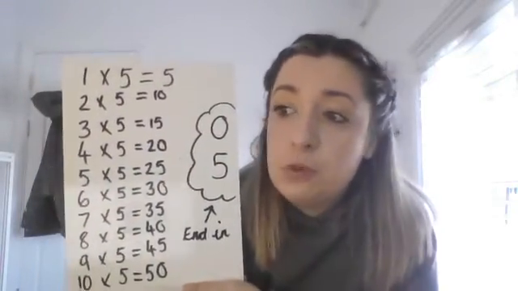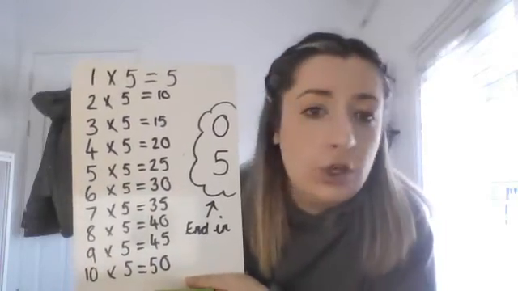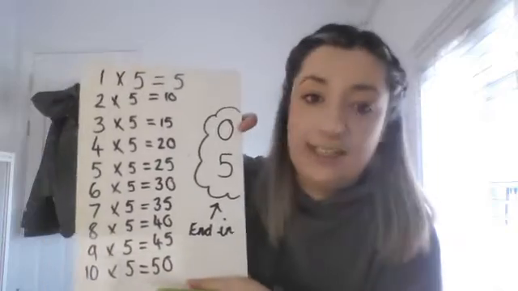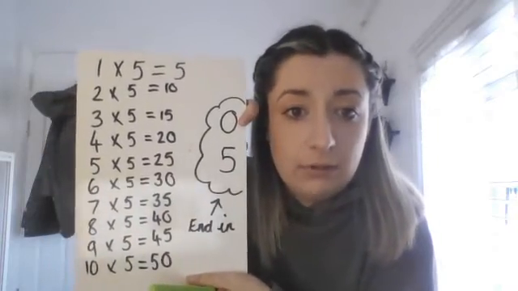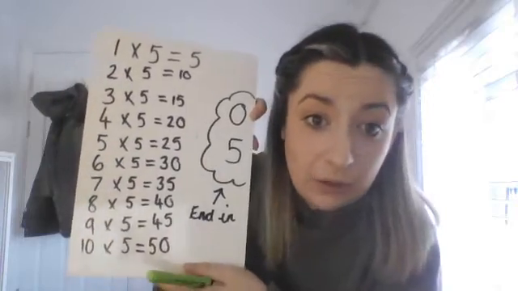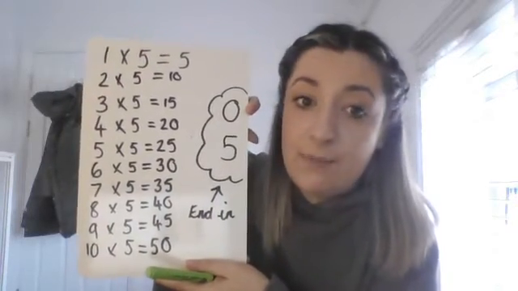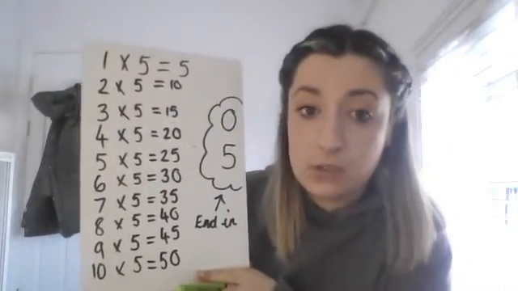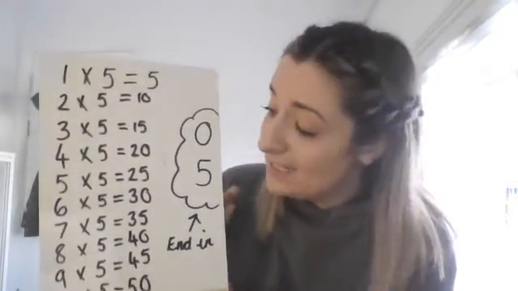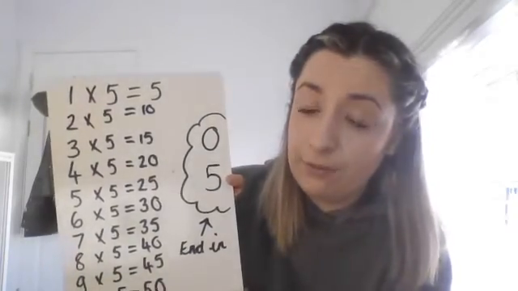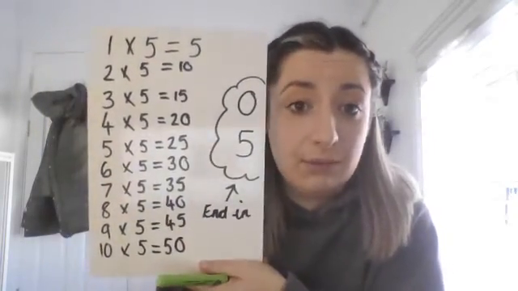If I said it was 1,240 and it ended in a 0, then I know it's in the 5 times table. It's a very big number, and we wouldn't need to know how many times we need to times that by. But my trick that I thought about that I want to share with you is that if any number ends in a 0 or a 5, then it's in the 5 times table.